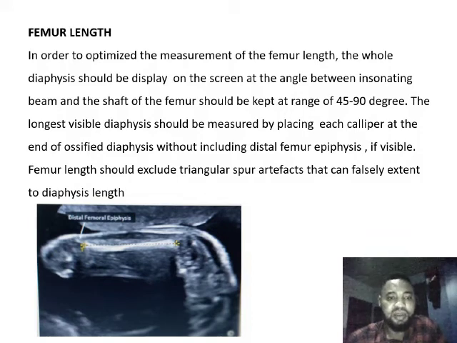The largest visible diaphysis should be measured by placing each caliper at the end of the ossified diaphysis without including the distal femur epiphysis. If visible, femur length should exclude the triangular spur artifacts that can falsely extend the diaphysis length.